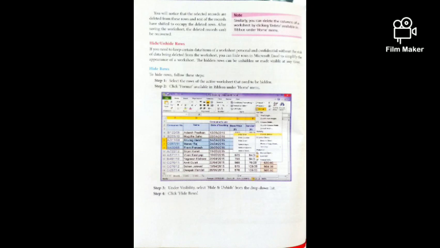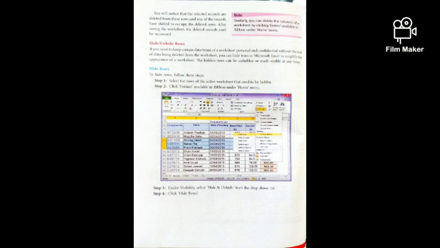There is a process for hiding and unhiding rows. How to do it? In the same way, you will find an option in the Cells group, Format, and there you will find Visibility.